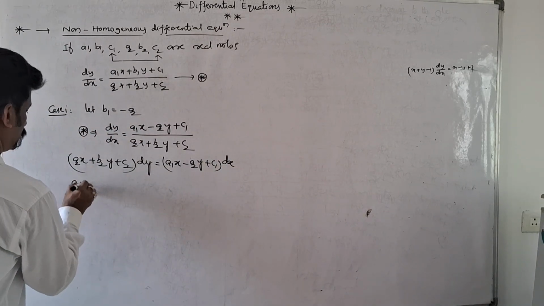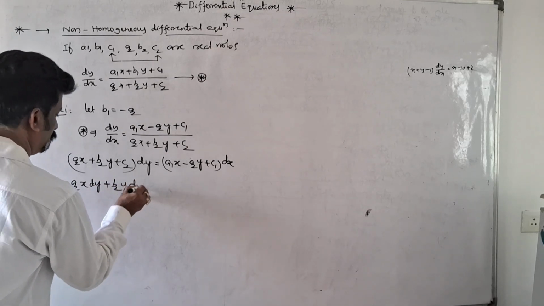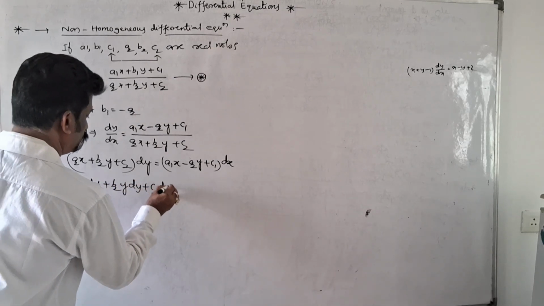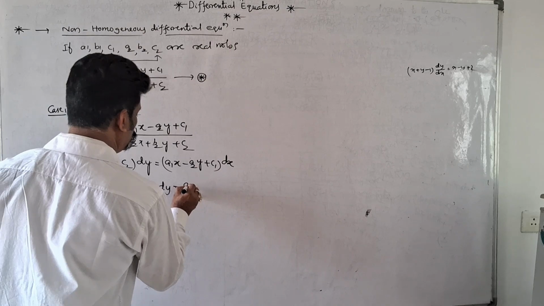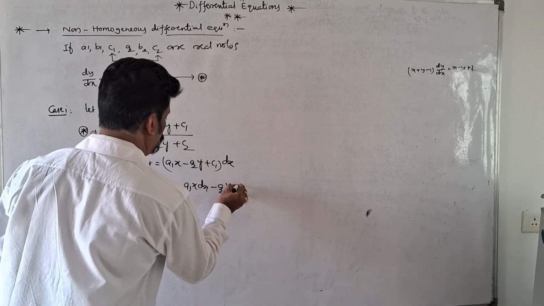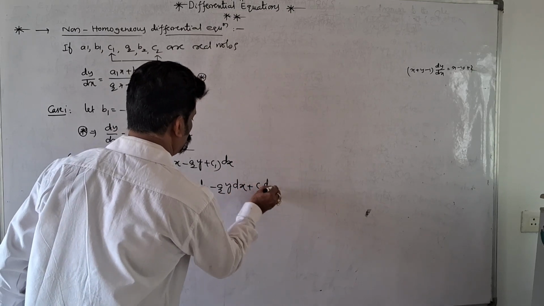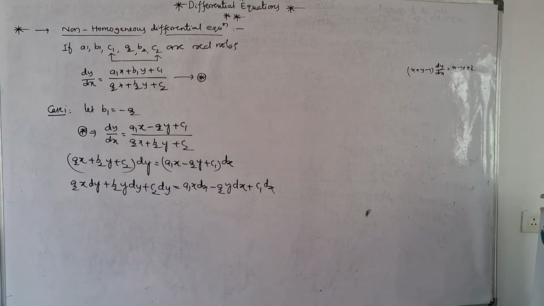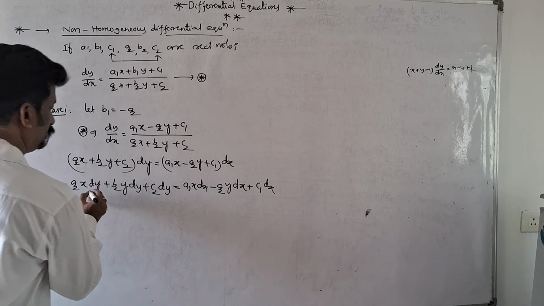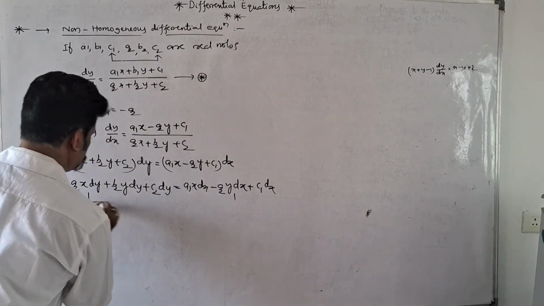So this implies a2x dy plus b2y dy plus c2 dy is equal to a1x into dx minus a2y into dx plus c1 into dx. Okay guys, now look at these two terms.